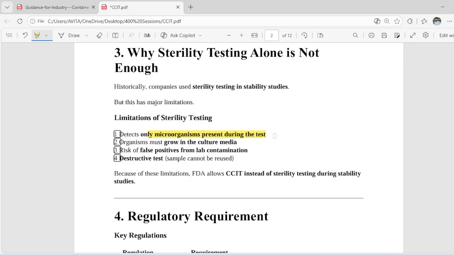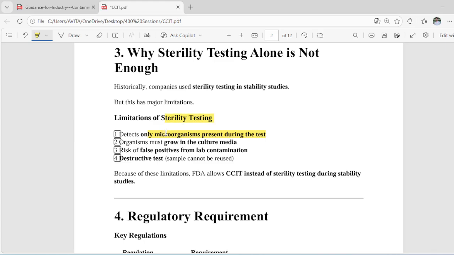It might happen that after some days the container or the closure gets compromised in its integrity, and that leads to contamination of the product, and that's how microorganisms enter our final product. That's not acceptable. So what is the way to ensure the integrity of the container closure? For that, we have the container closure integrity test, and that can't be done with sterility testing.